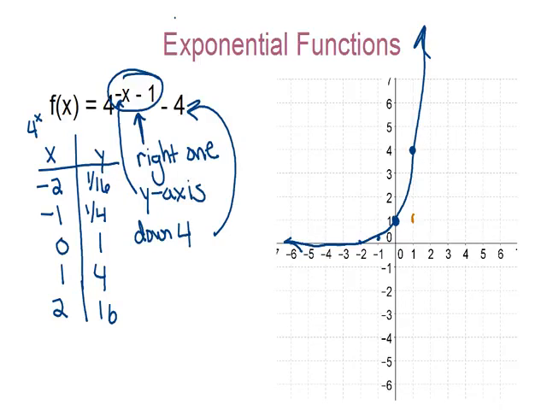Okay, so we want to move the whole thing right 1, so that's going to be here, here, here, and here. Okay, I'm just going to do the dots for now. And then our y-axis reflection, so I'm moving everything from the right over to the left side, everything from the left over to the right side. So that's going to be like this.